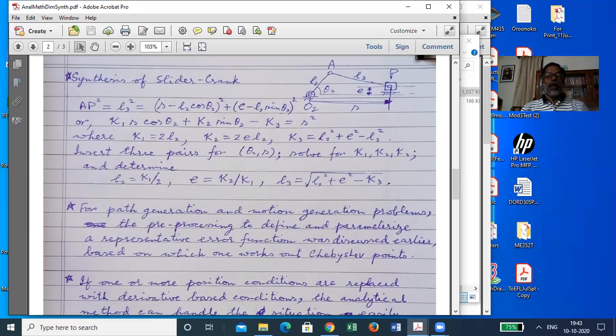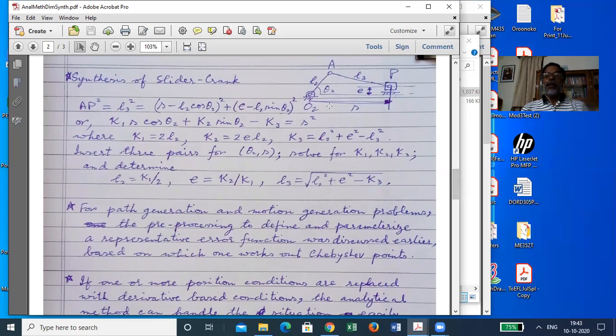Now you will have an issue that L3 square must be positive. Otherwise, the design is not going to work. So you will find that it turns out to be positive. Then, this is only for three position synthesis. What if the issue is more complicated?